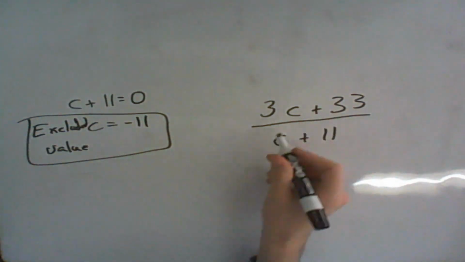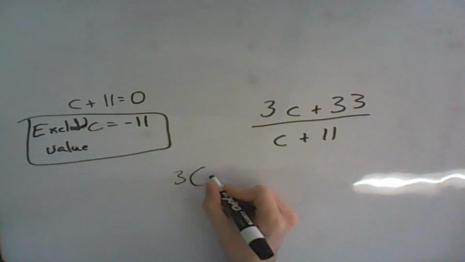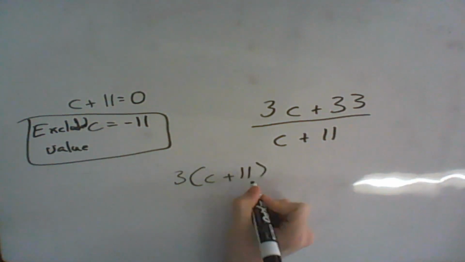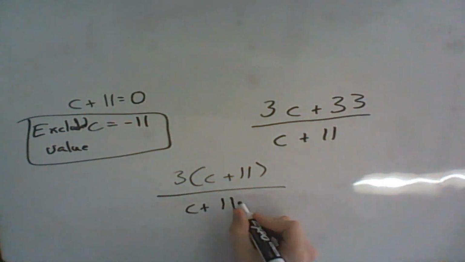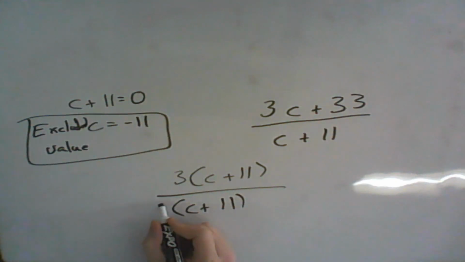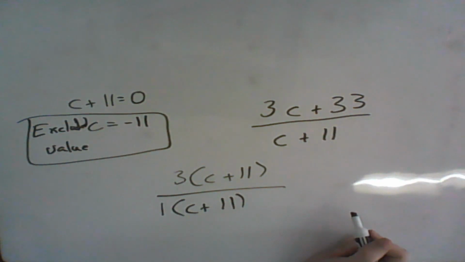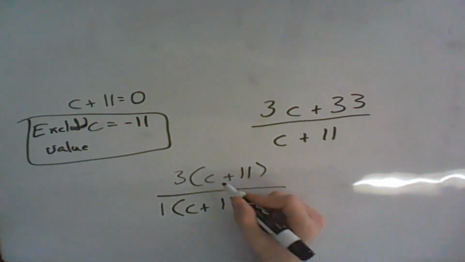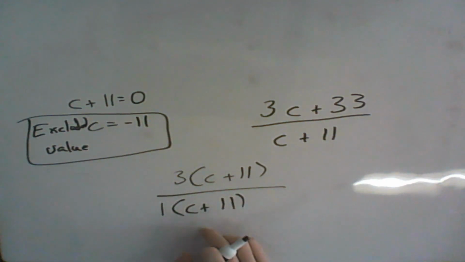So then we need to factor the top. So we factor off a 3. So we get 3 times C plus 11 over C plus 11. Now, technically the bottom is just C plus 11 times 1, because everything is always times 1. So if you look, you see that the C plus 11 in parentheses is the same as the bottom, they're factors.